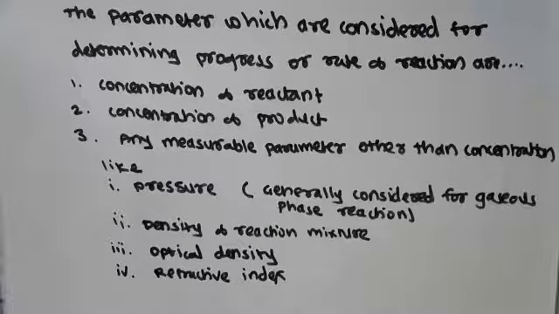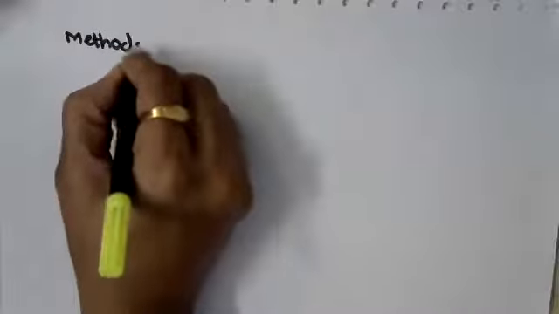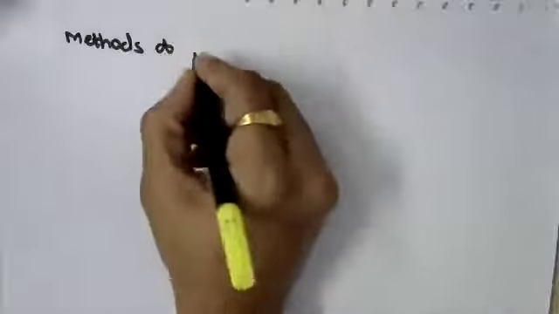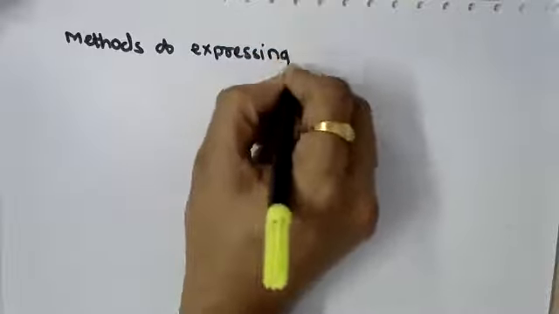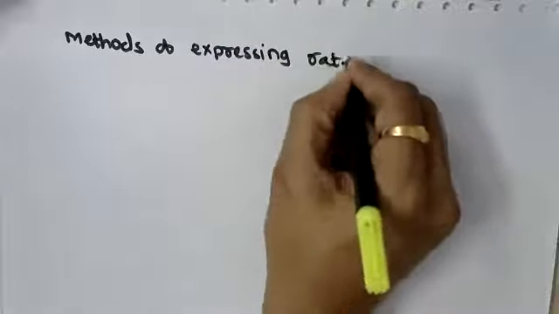After understanding that, we will try to understand how the rate is determined from the experimental data. Now, methods of expressing rate.